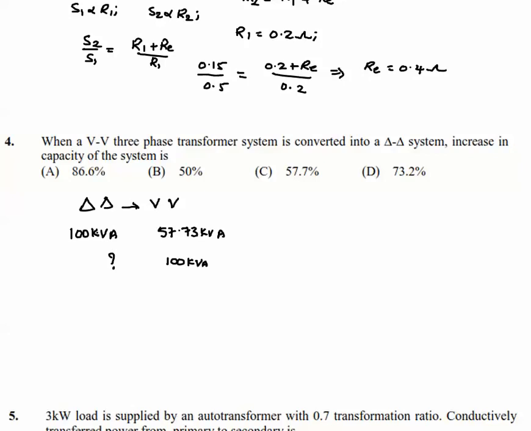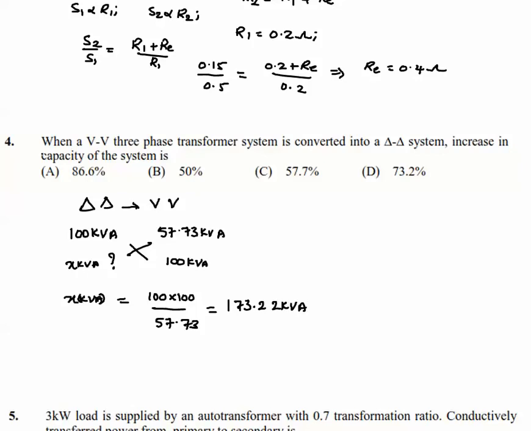So normally, for example, I will take X kVA here. By cross multiplication, X kVA is equal to 100 into 100 divided by 57.73, we will get 173.22 kVA.